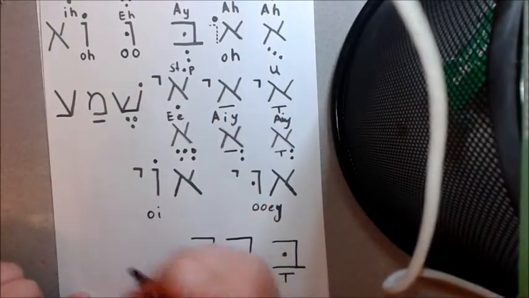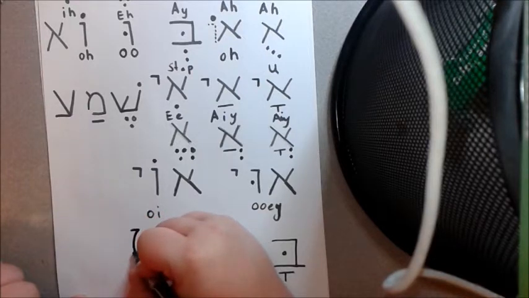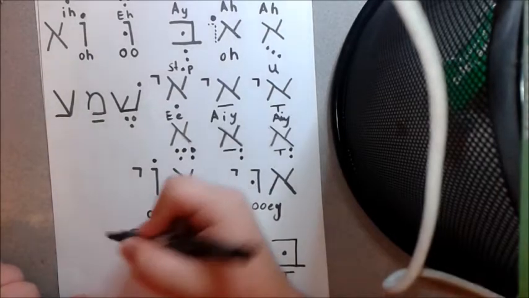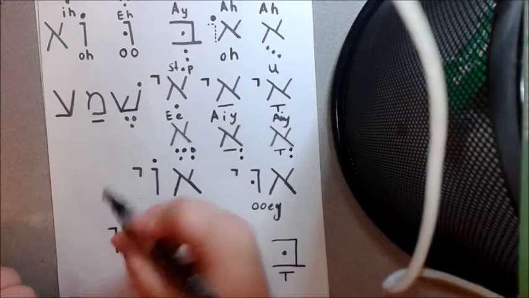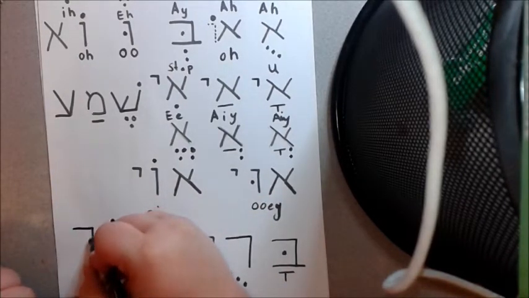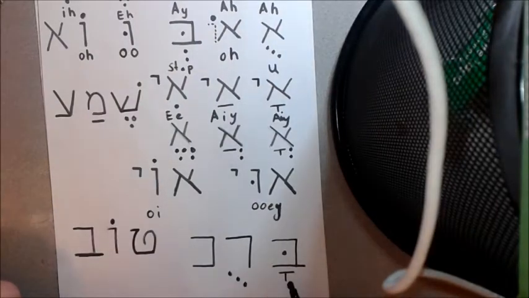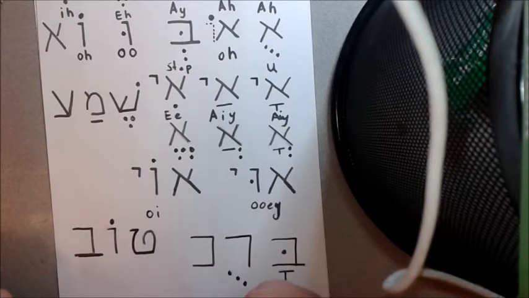So for the vav sounds, I'm going to do the tet, vav, and it's going to be the one at the top, so it says O, and then the vet. Okay, we haven't really seen the vet. We've talked about it, but we haven't seen it yet. This is the same as this letter. When it appears with the dot, it's a bet, and when it appears without the dot, it's a vet.